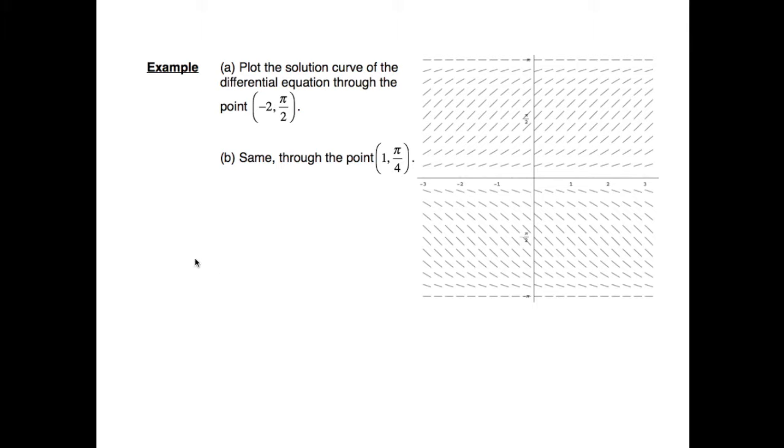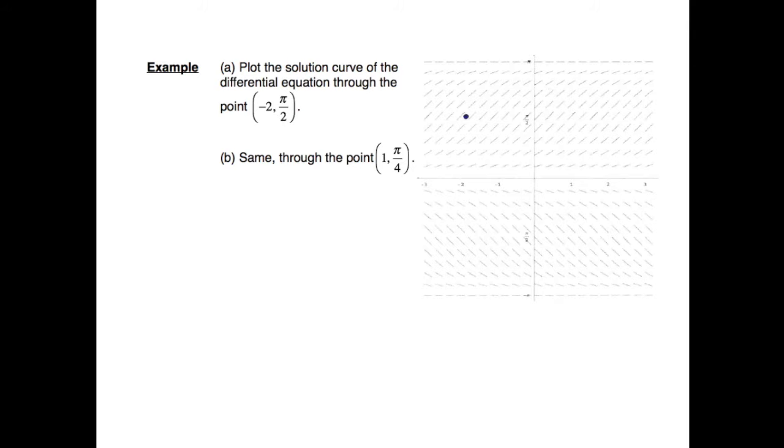So if we want to plot the solution curves of differential equations, here's a huge slope field. If I want to find which curve would be the solution going through a point like -2, pi over 2, I need to find the point -2, pi over 2. It's here. And then I need to sketch a curve that fits the slope field.